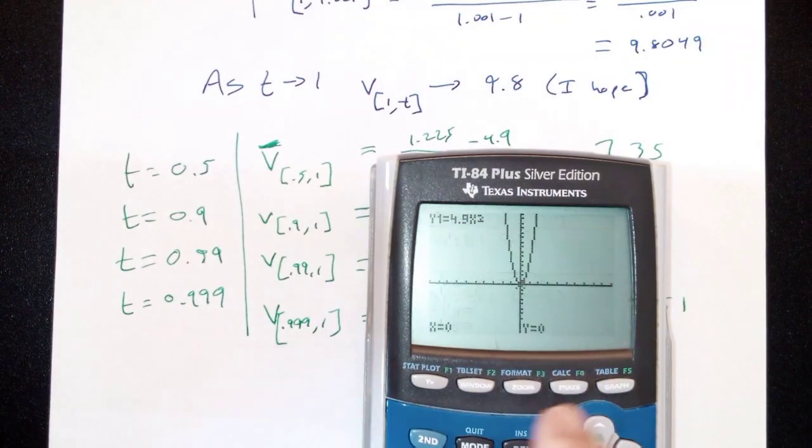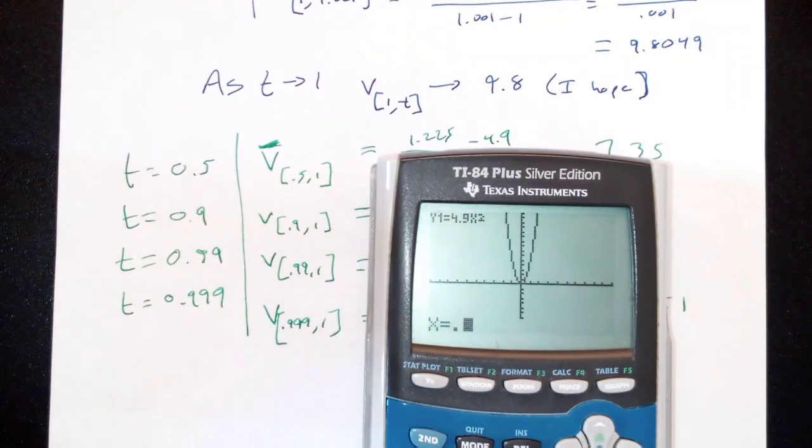So I hit the trace button and I put in 0.5. All I'm doing is plugging that number into this equation and churning out my y value. That's the position at half a second, 9/10 of a second, 0.99 and 0.999 seconds, respectively.